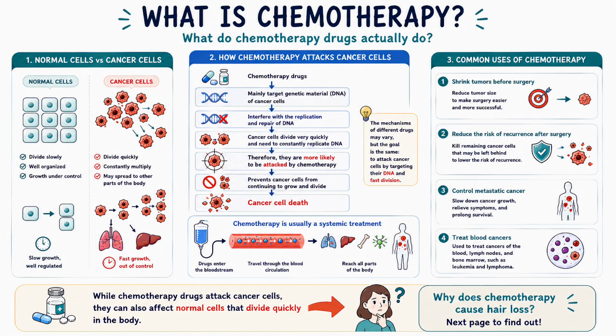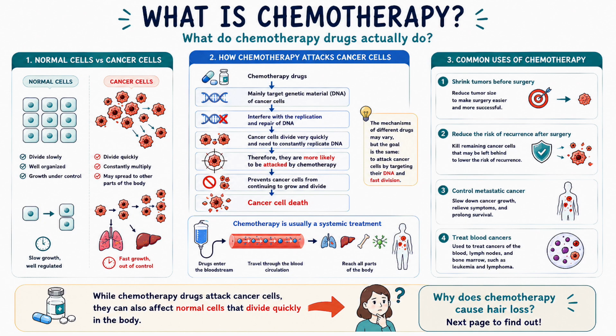One of the defining features of cancer cells is that they lose this control. They continue to divide, continue to multiply, and can eventually spread to other parts of the body. So one of the biggest differences between normal cells and cancer cells is that cancer cells tend to divide much more rapidly. And that is exactly what many chemotherapy drugs take advantage of.